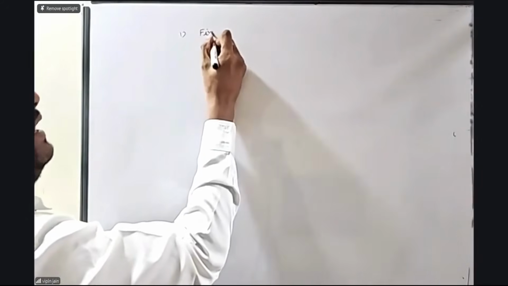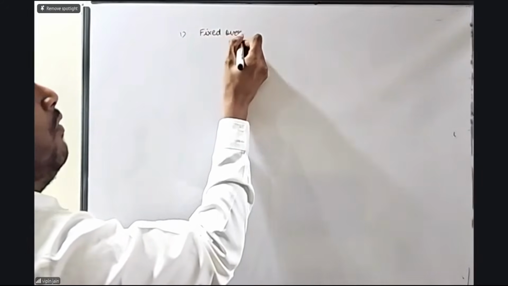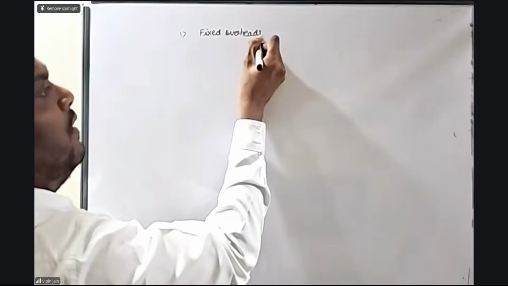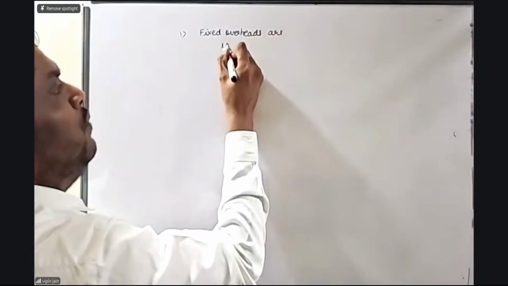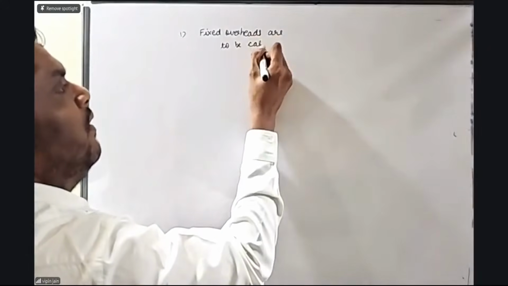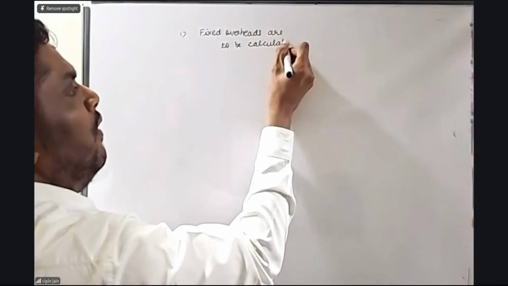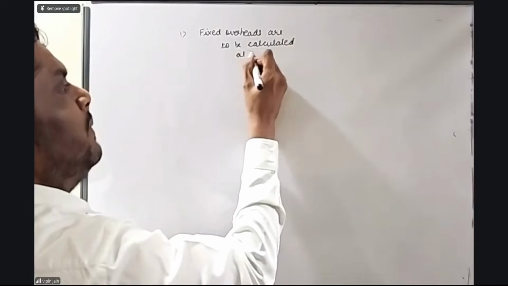See, the first point is that fixed overheads are to be calculated at normal capacity.